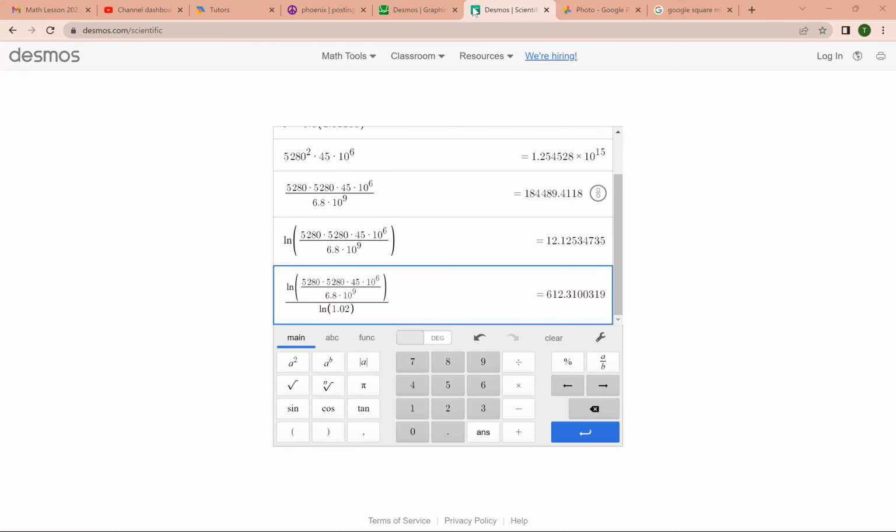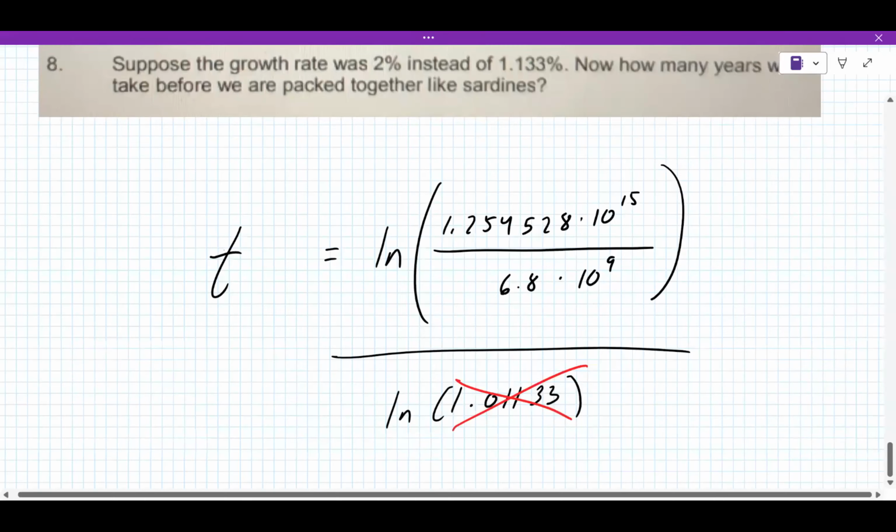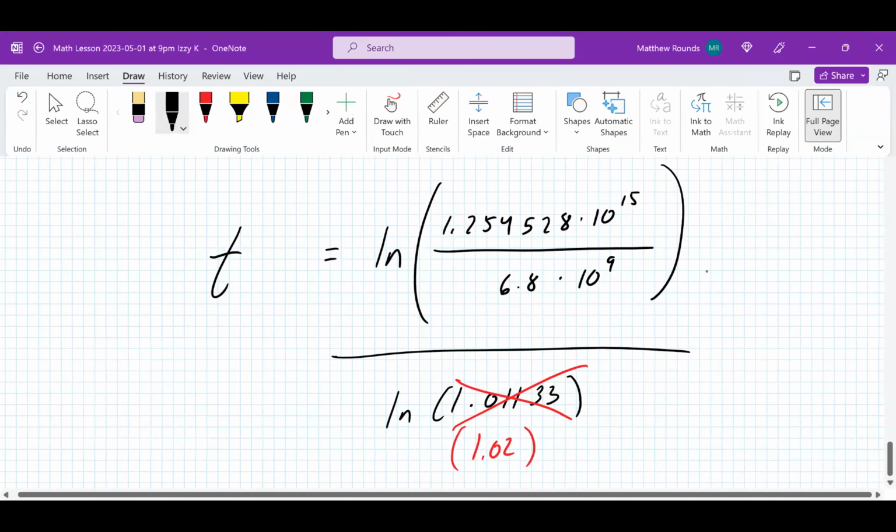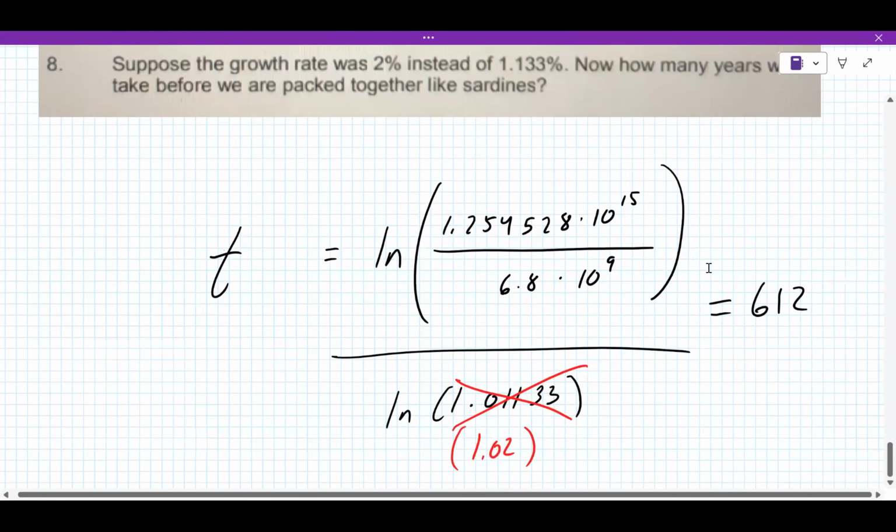All right, so let's go back to the other screen. The only change that I made is that it is now 1.02. And then this becomes approximately 612 years.